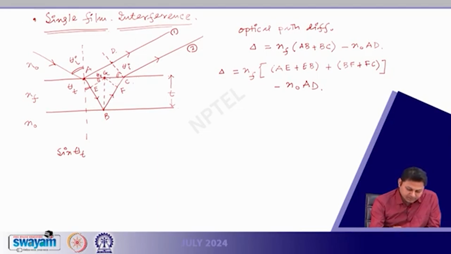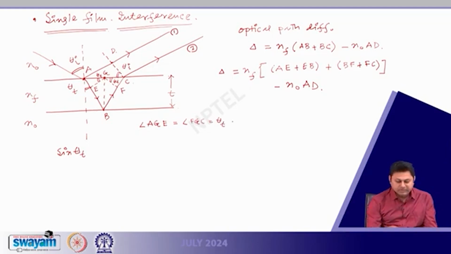Similarly, this angle is also theta t. So, let me write it clearly. So, angle AGE is equal to angle FGC is theta t. Very easily one can check that.